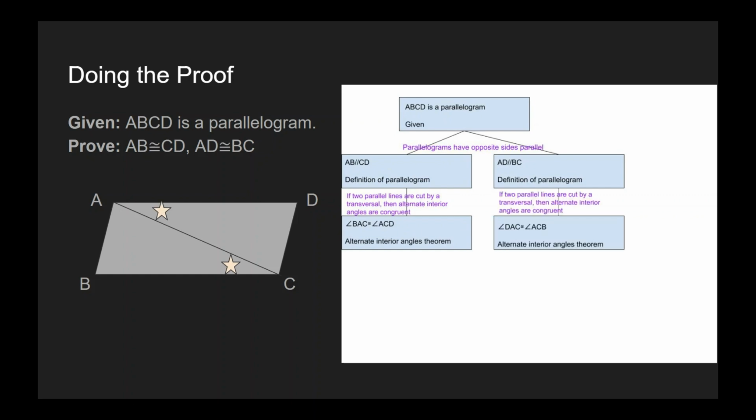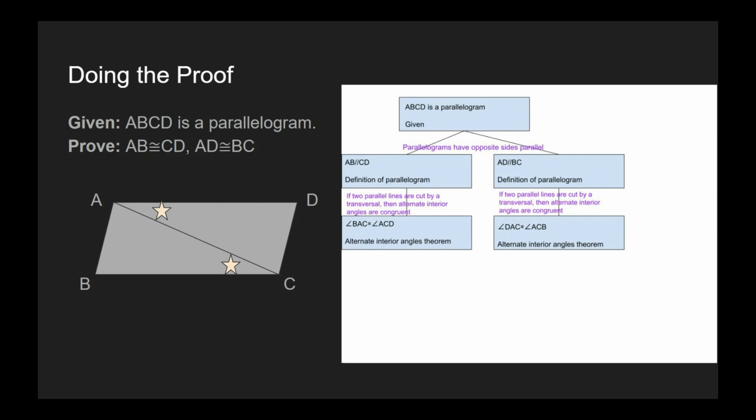Then we can do the same thing with the other pair of parallel lines. So looking at AD and BC as our parallel lines, we would have angle DAC and angle ACB as the alternate interior angles. So the alternate interior angle theorem also tells us that those are congruent to each other.